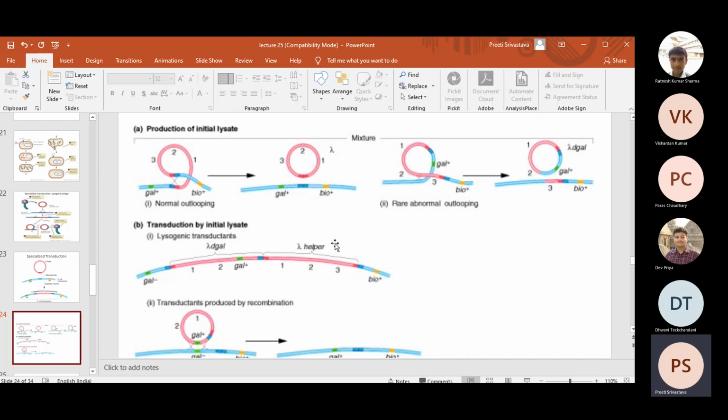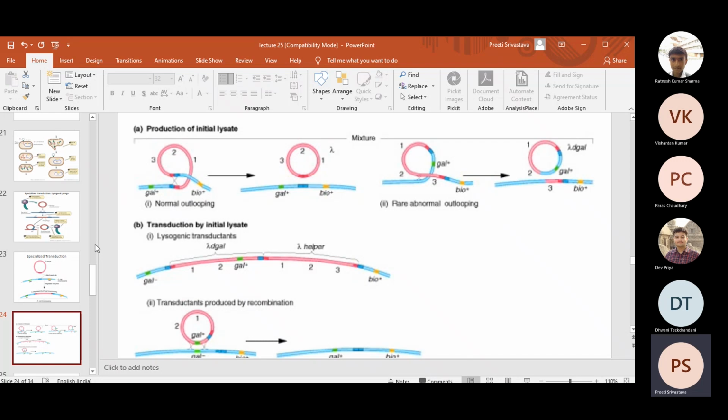But you have normal excision, and sometimes you have rare abnormal outlooping, as a result of which the chromosomal DNA also gets packaged.